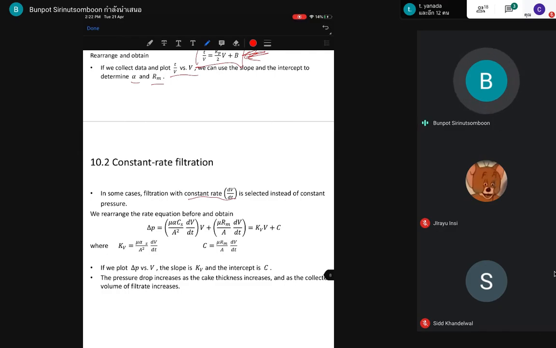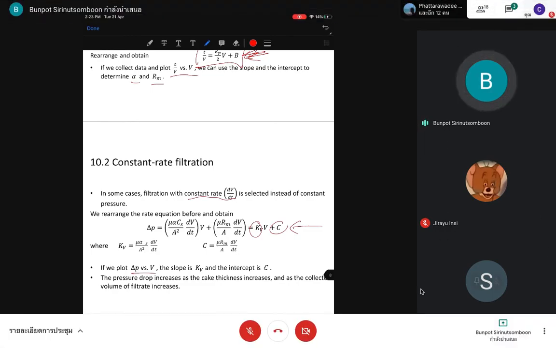We want to find RM and alpha, but at a different mode of operation. So from the equation as before, we rearrange it into this form right here. Then you get the slope and intercept by plotting the experimental data of pressure drop versus the collected filtrate volume.